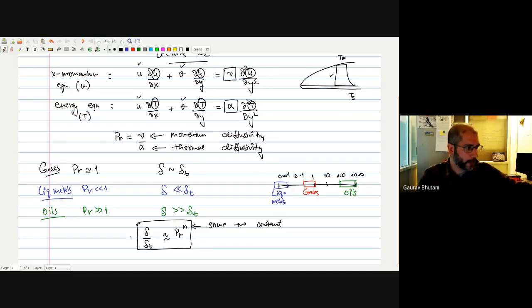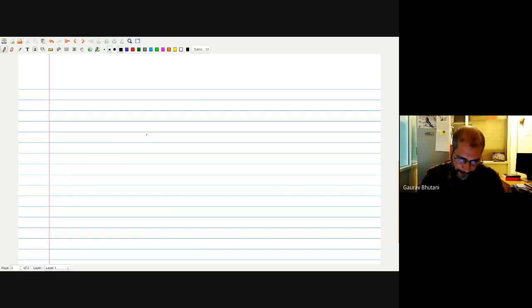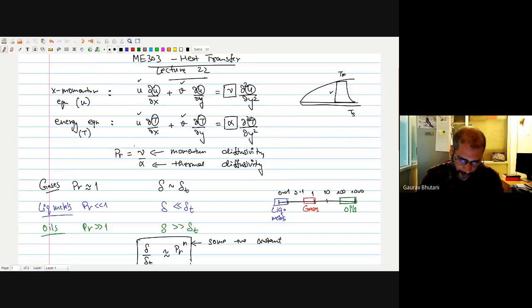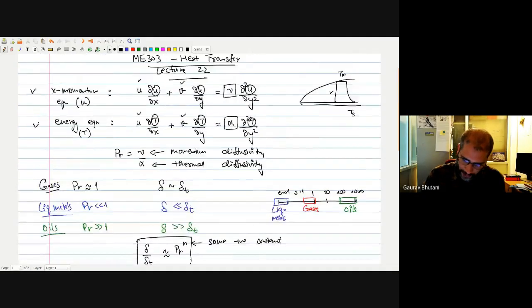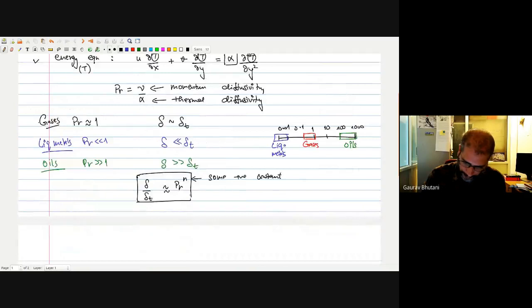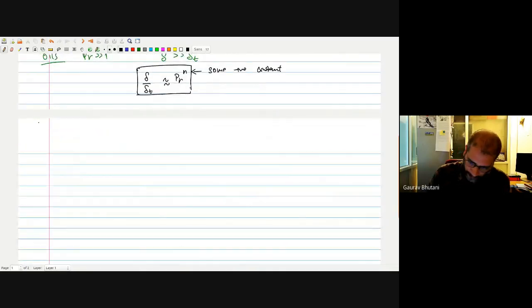So let's go back to our equations. So these equations that we've talked about, the X momentum equation and the energy equation for temperature. In fact, let's write all the equations that we have.